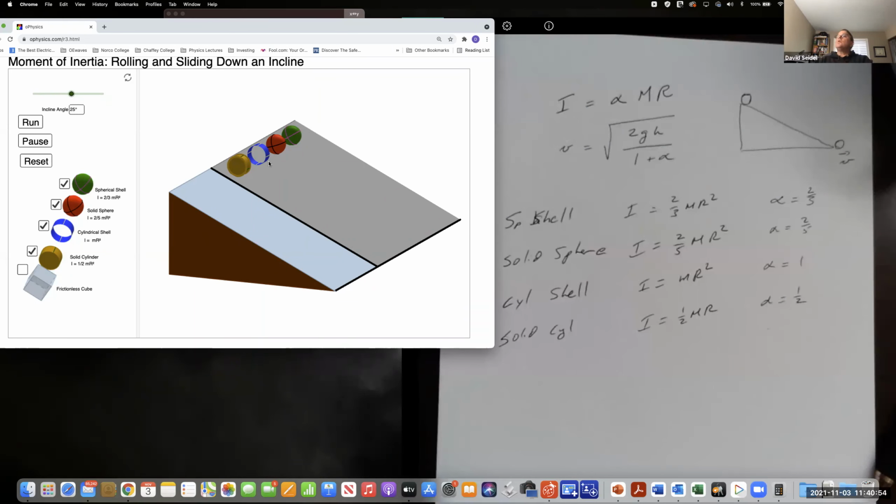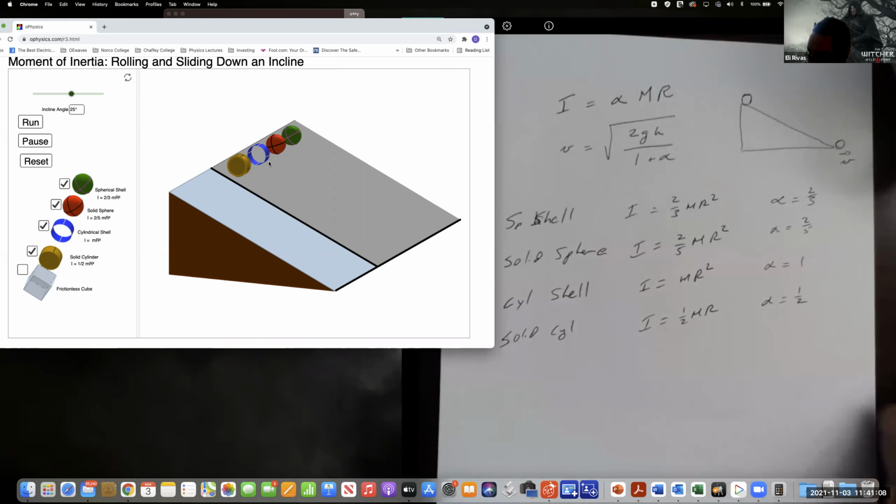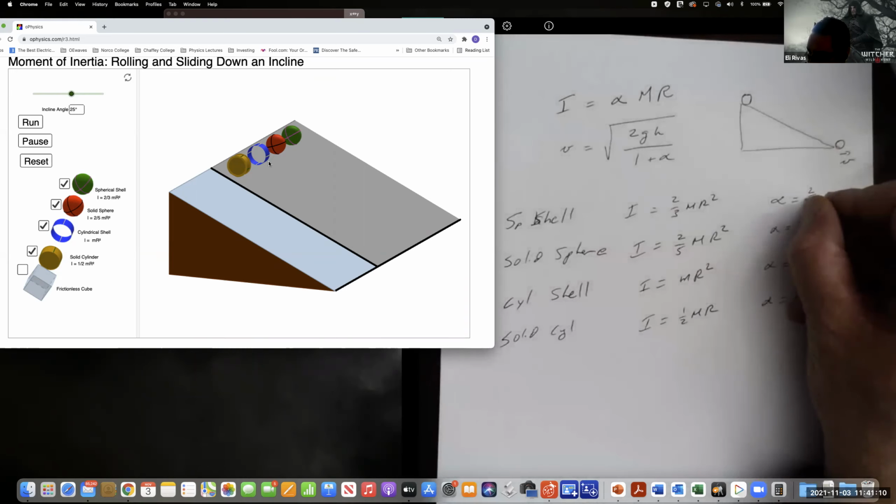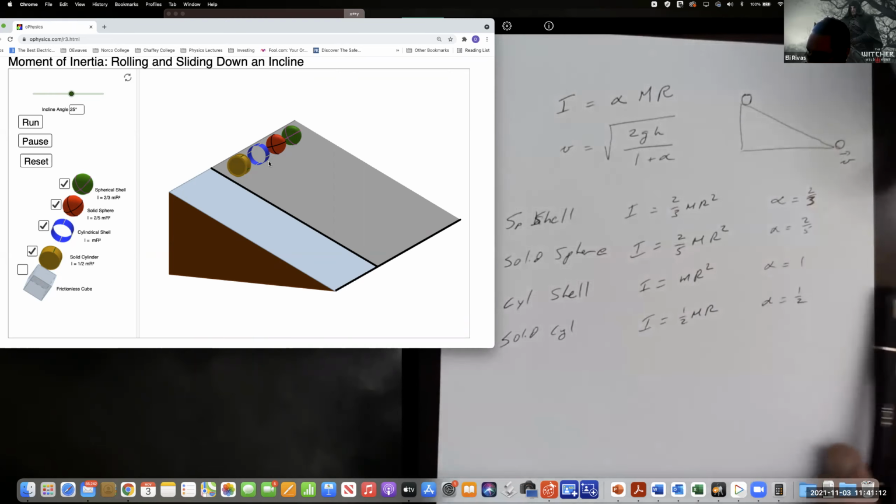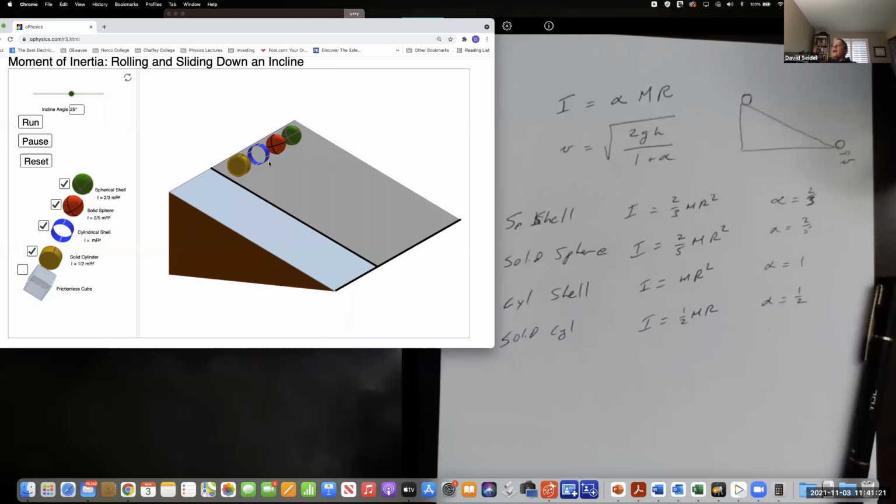So now that we've determined this, when I hit run here, which one of these objects is going to reach the bottom first? Hold on. I'm trying to calculate, see which one has the smallest value for alpha.